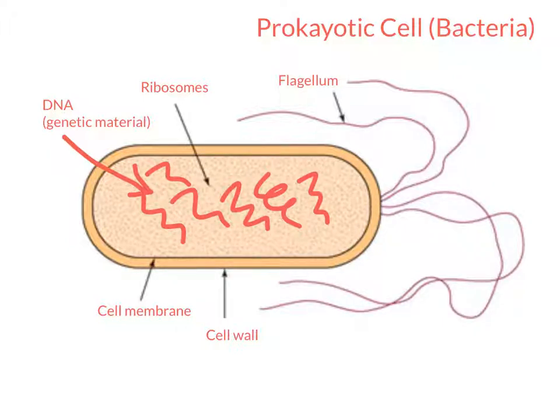So that's why you didn't see it. In a prokaryotic cell, this genetic material just floats around the inside. This is important when it becomes time for the cell to make copies of itself. It would be able to do that and make copies of itself.